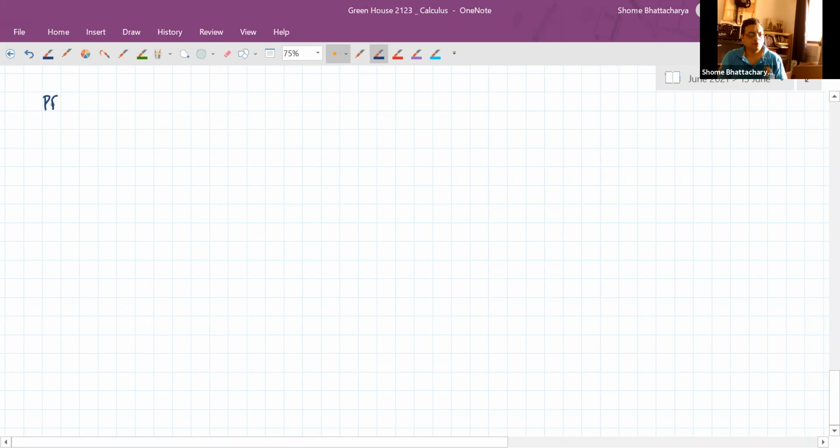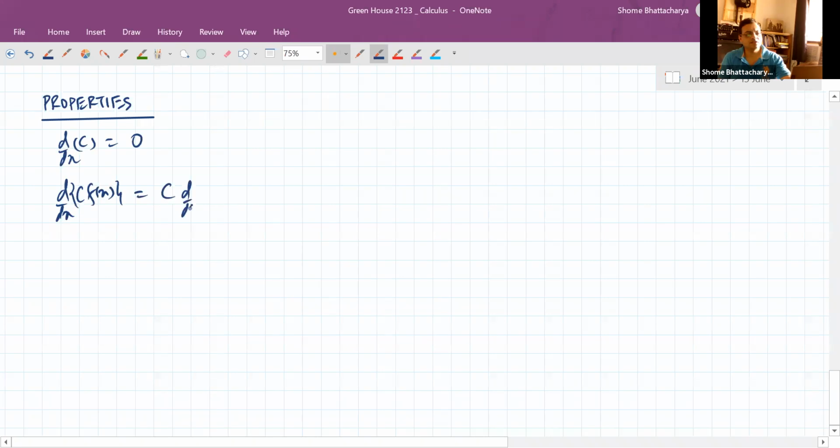Okay. Now coming back to properties of differentiation. So we've already seen 3 basic properties. That differentiation of a constant is 0. We've used all this in the above questions also. Okay. Then differentiation of a constant multiplied by a function is equal to the constant multiplied by differentiation of the function.